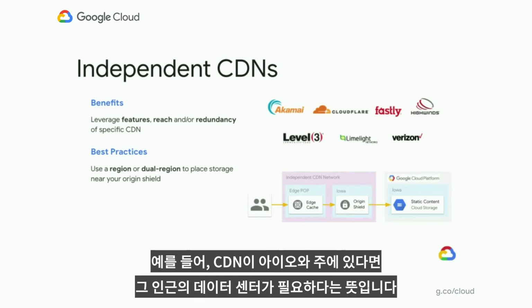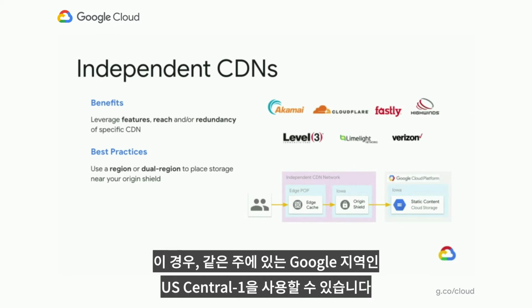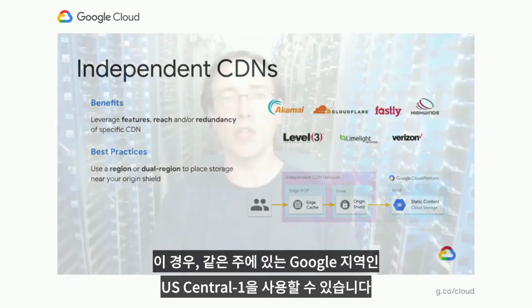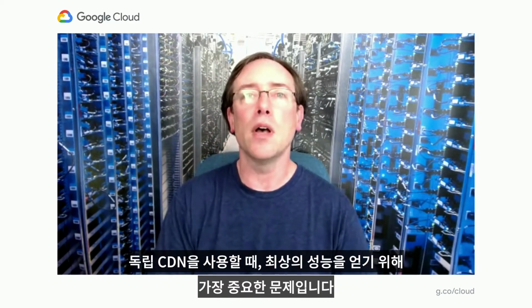So if they're located very close to Iowa, for example, in a data center near there, you might want to use US Central 1, which is the Google region that is located in that same state. So trying to have close proximity and low latency between the independent CDN and Google is really the first matter of importance for the best performance with an independent CDN.